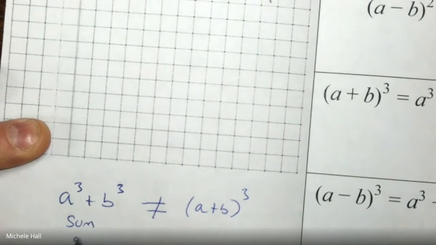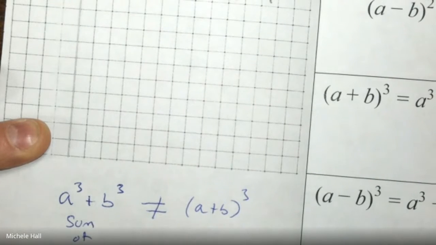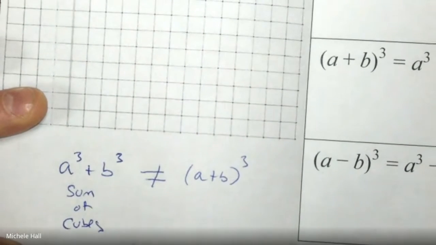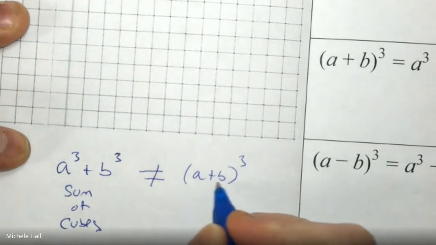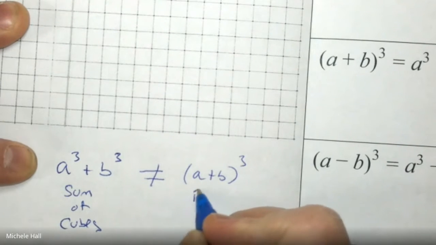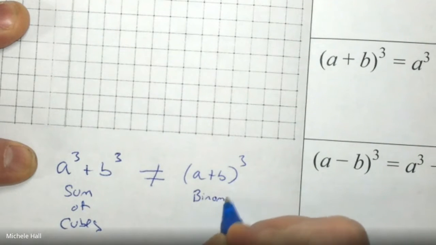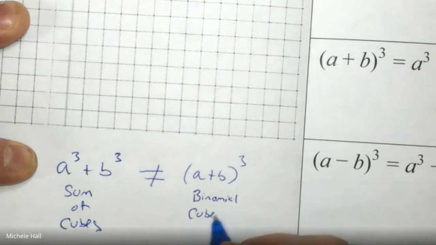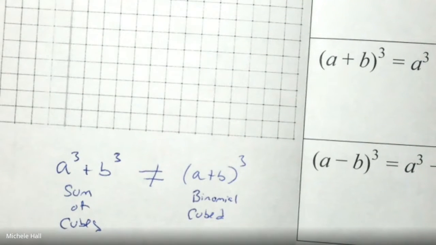Sum of cubes. This is two terms. It's called a binomial cubed. Not the same. We've been practicing the first one, sum and difference of cubes. The second one is where Pascal's triangle is used.